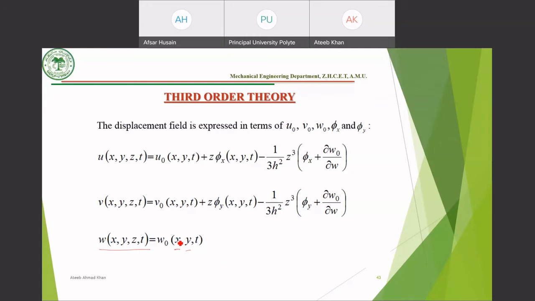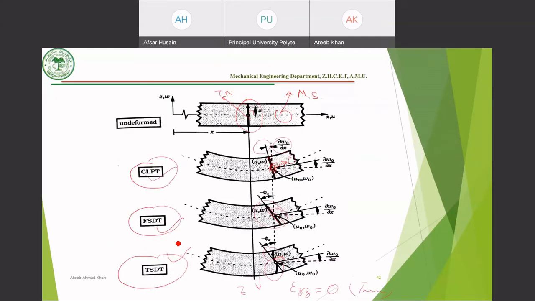And here again, I would like to tell you that the number of unknowns in this theory is again 5, and it was 5 in the first order shear deformation theory as well. But the third order shear deformation theory gives a parabolic distribution of the shear strain and the shear stresses, whereas this variation is linear in case of first order shear deformation theory.